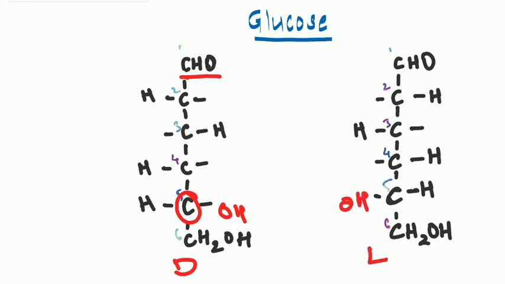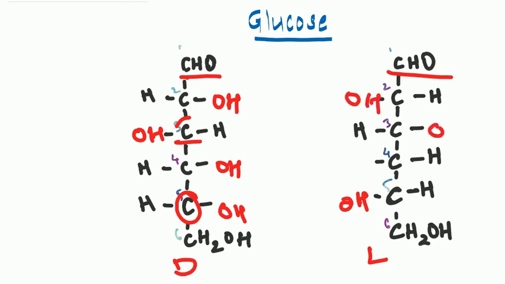So the structure is aldehyde as functional group, HOH, and on the third carbon there is OHH, fourth carbon HOH, fifth carbon HOH, CH2OH. L-glucose structure is aldehyde as functional group, then OHH, HOH, OHH, OHH, CH2OH.